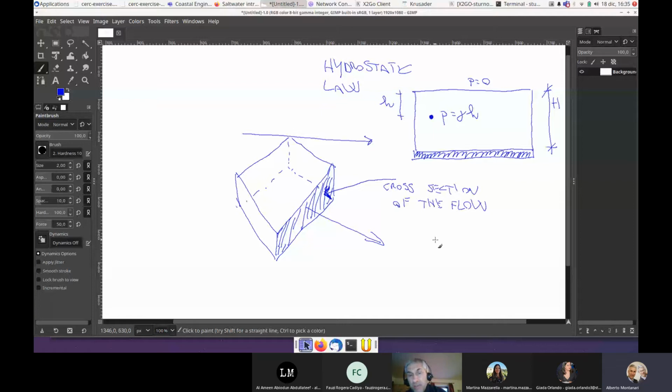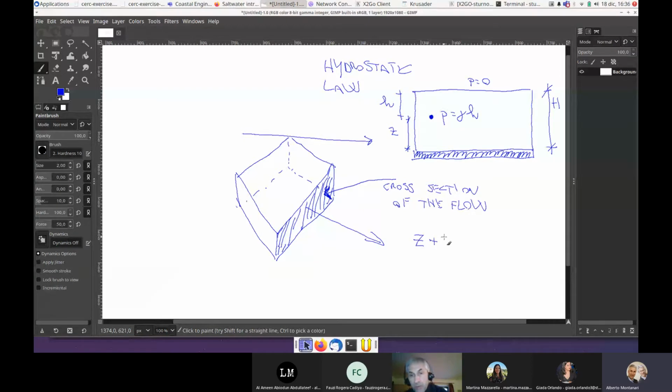The potential energy is given by, with respect to a reference plane that I assume is located at the bottom of the aquifer, and let me indicate the elevation of the particle with Z. So I am computing the potential energy with respect to a reference plane Z equals 0, located at the bottom, the impermeable layer. Now I can say that the energy is given by Z, elevation of the particle, plus the pressure energy.